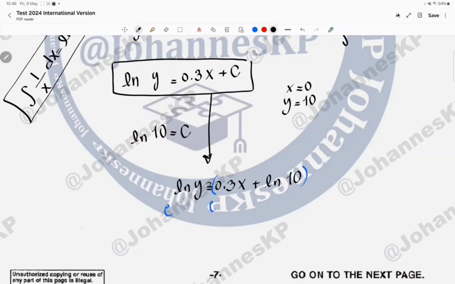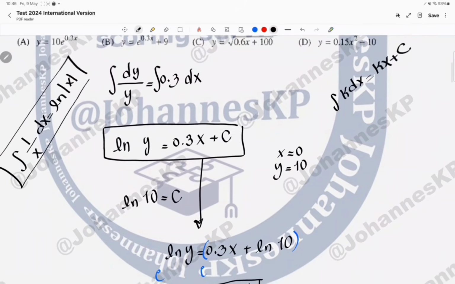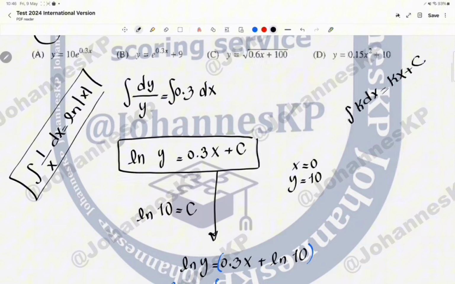So e to the power of ln y, e and ln go away, you get y. Here, e to the power of ln 10, the ln will go away and the 10 will come down. But the e will stay for the 0.3x. That's going to be our equation. Y is equal to 10 e to the power of 0.3x, which is A.